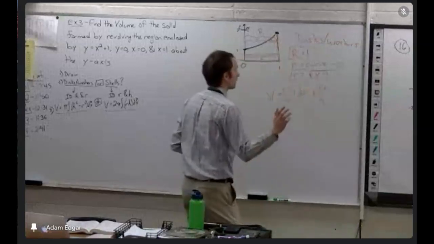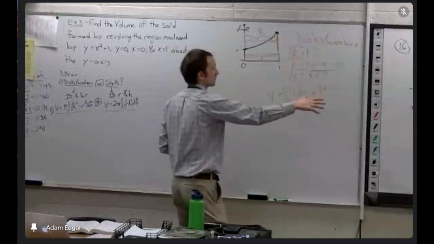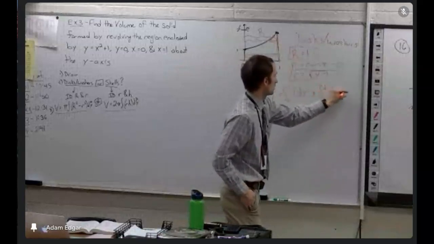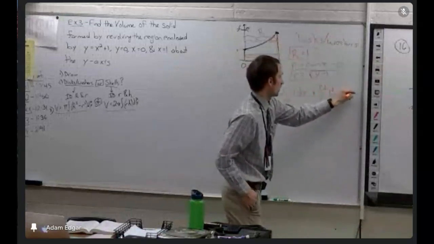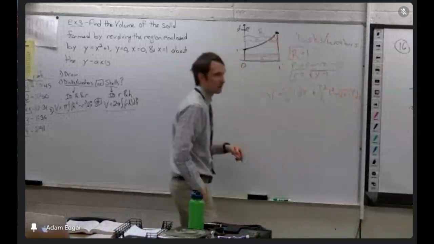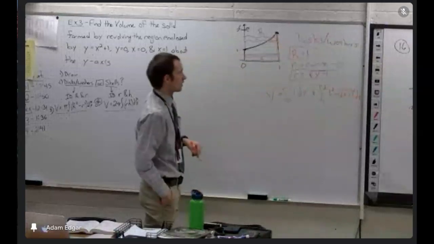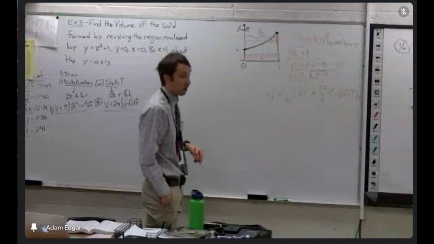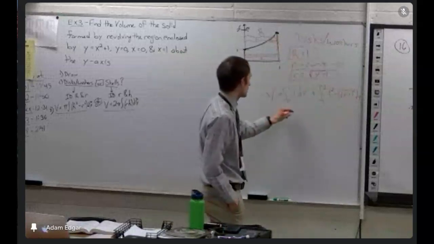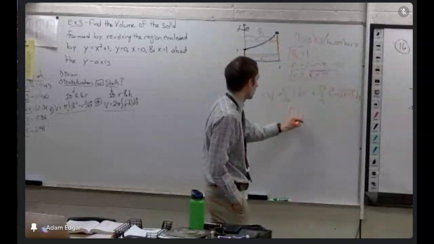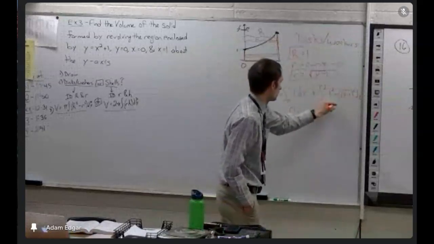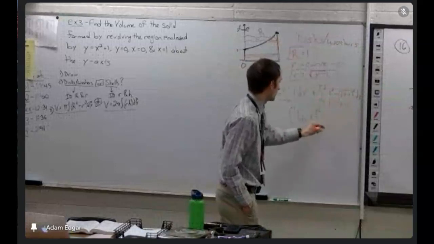For the second integral, 1 squared minus root y minus 1 squared dy. So it's 1 minus the quantity y minus 1. So this ends up being the integral of 1 dy plus the integral of 1 minus y minus 1 dy.